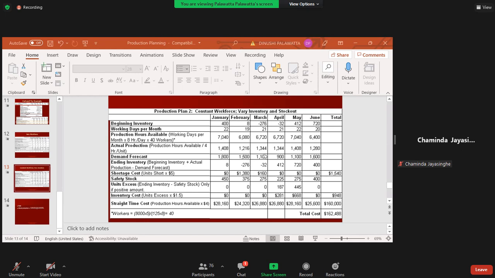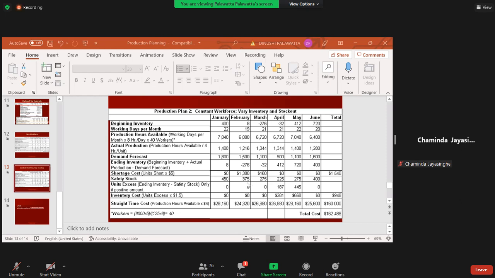You get minus 32. This minus 32 is a shortage, and the shortage cost is 32 multiplied by 5, you get 160.